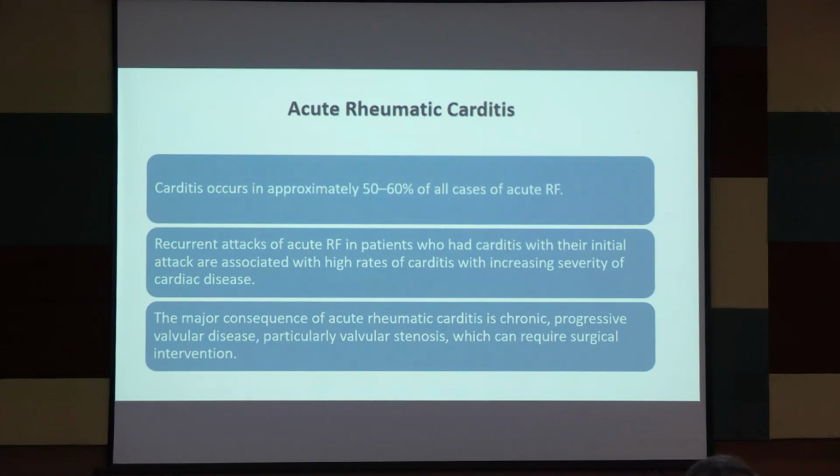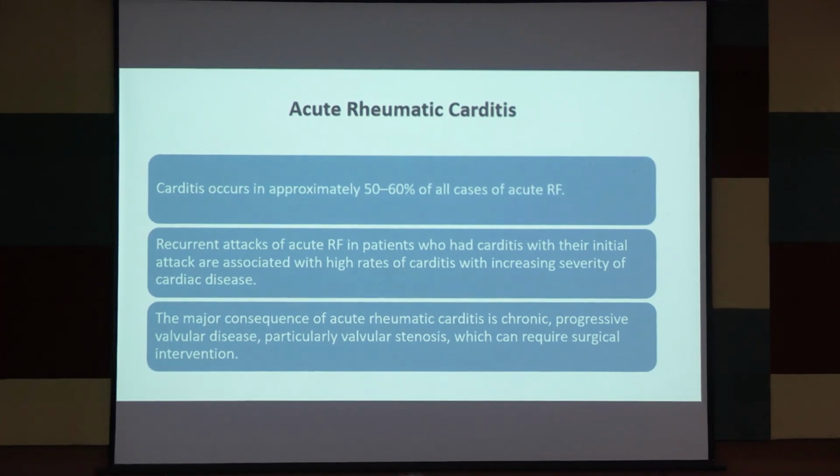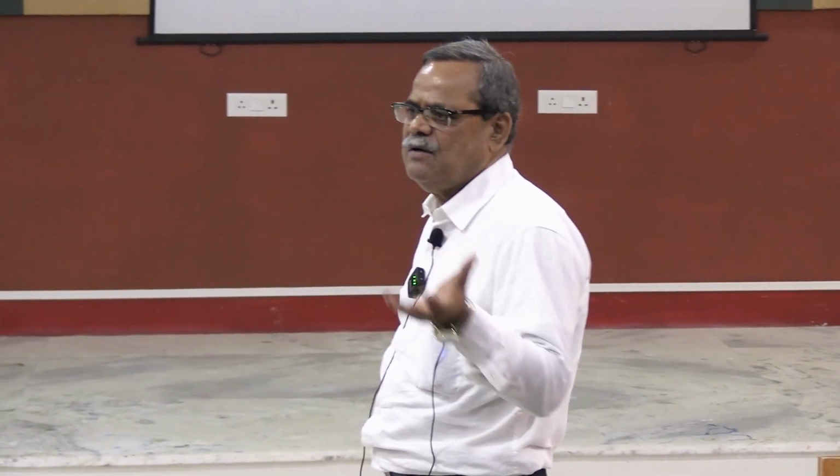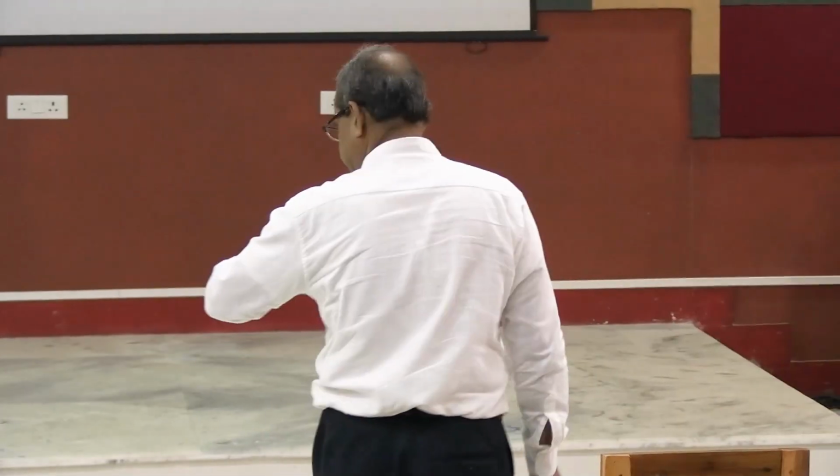That's why you should prevent this. You should prevent recurrent attacks of rheumatic carditis. Prevention is very important. That is called secondary prevention. Acute rheumatic fever may occur, but you should prevent recurrence by giving treatment. Otherwise, there is every chance of damage to the heart.